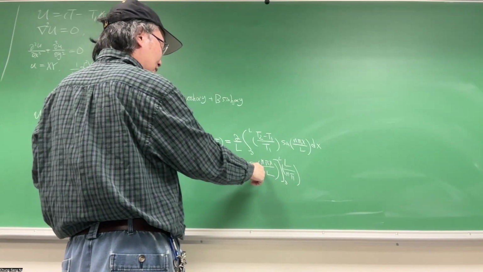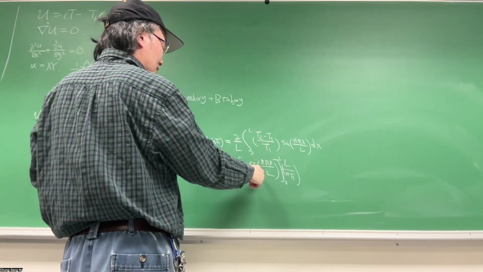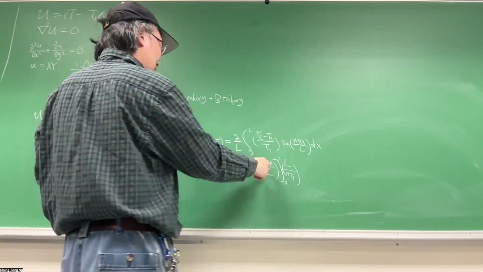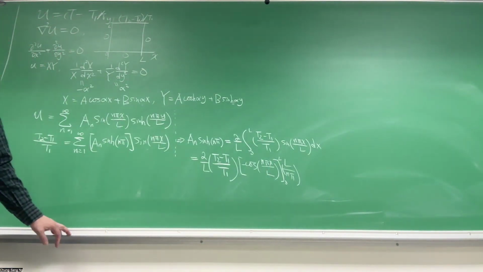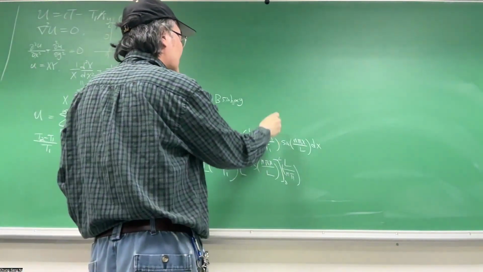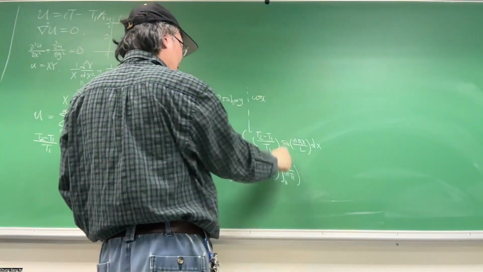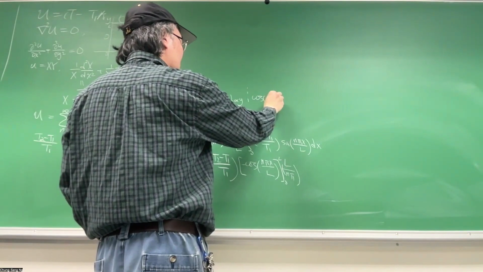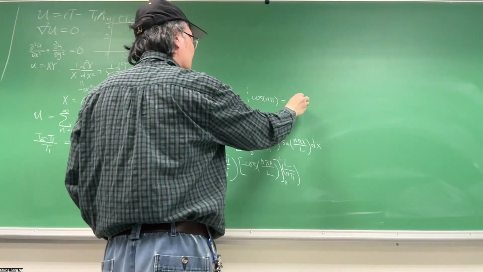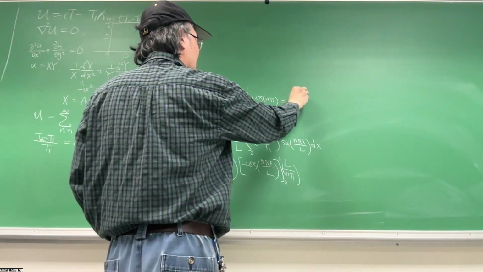Cosine 2 pi will be 1. So cosine n pi is minus 1 to the n.